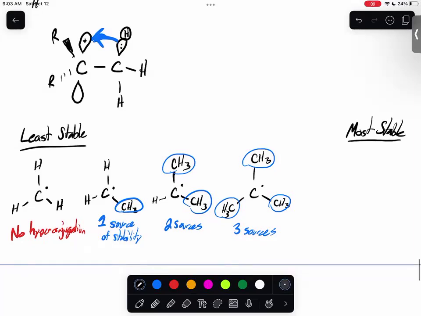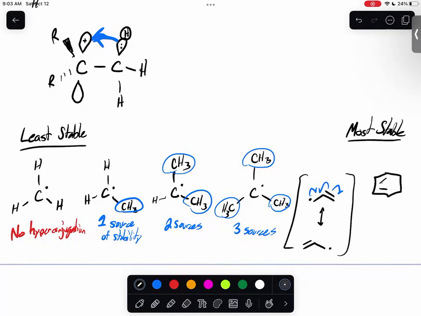So essentially, the radical right here only has one resonance form, which was, of course, the one that we had already drawn. Right? This is relatively stable, but even better would be something like a radical off of an aromatic ring where it has much more resonance, right? So the most resonance also gives us the most stable radical.